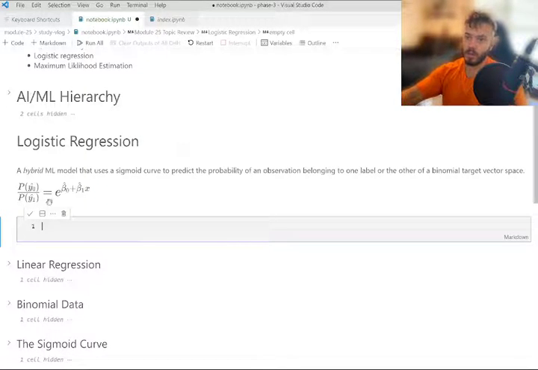So we can work backwards from this. This shows that the probability of one outcome or the other for a binomial set is equal to this function here.